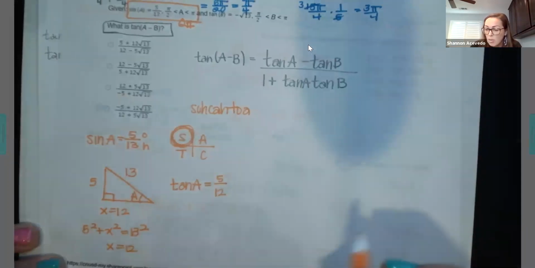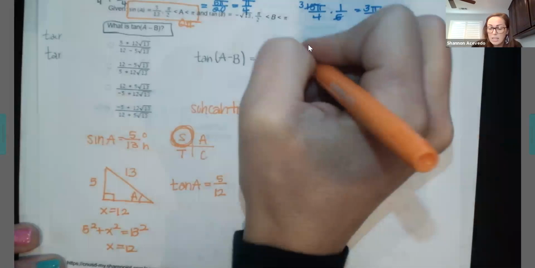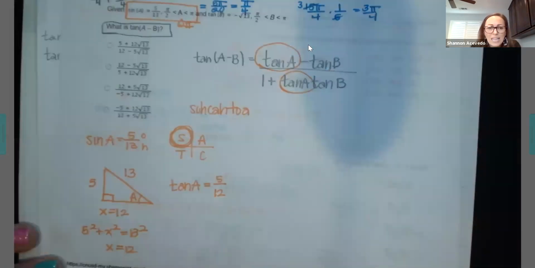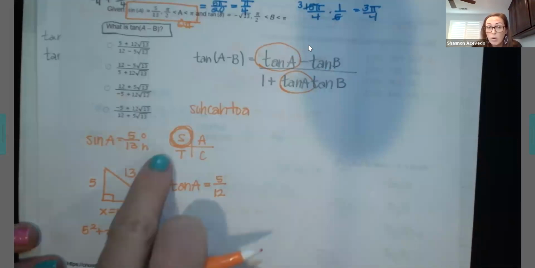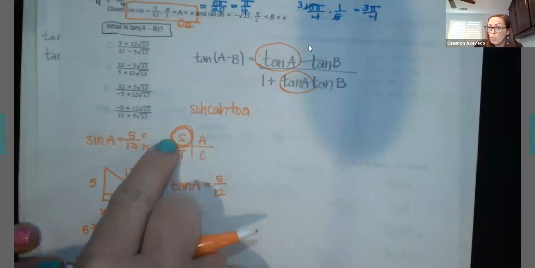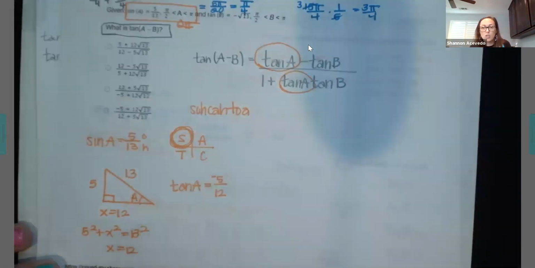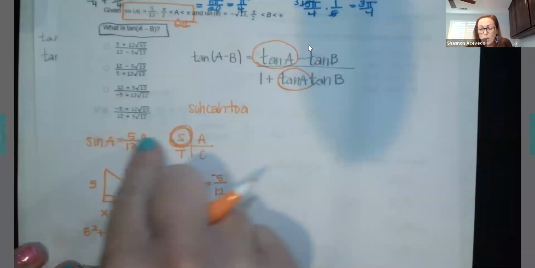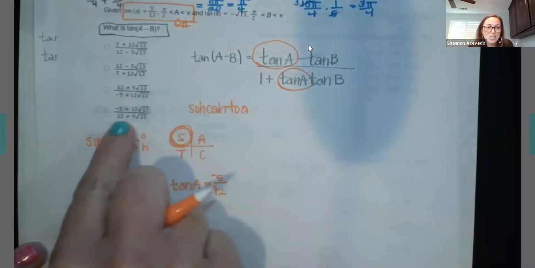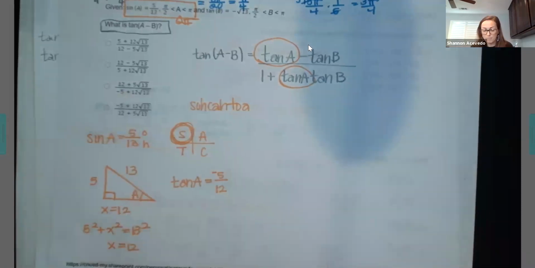So I now know this value and this value. But what did I need to make sure I include with that? The sign. What quadrant are we in? Quadrant 2, which means tangent has to be negative. Don't forget that. That's going to be the number 1 mistake, because then your signs are going to be off. If you look here, all these answers are relatively close, but the signs are switched, so be careful.